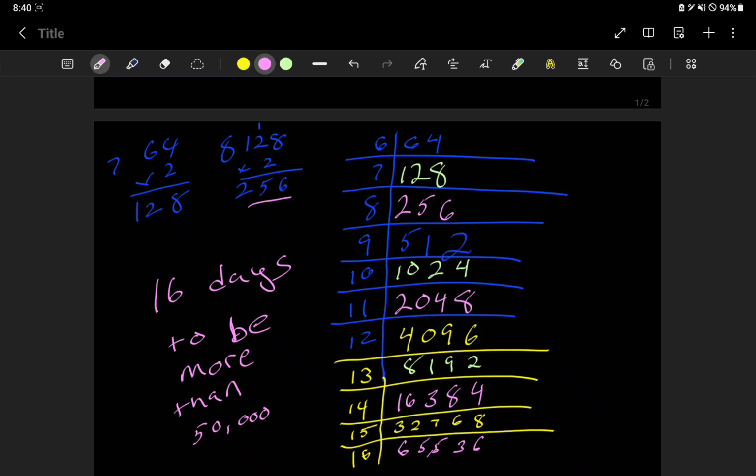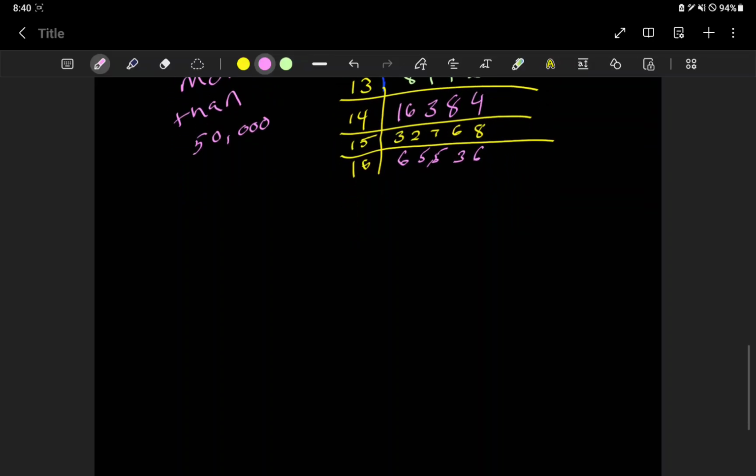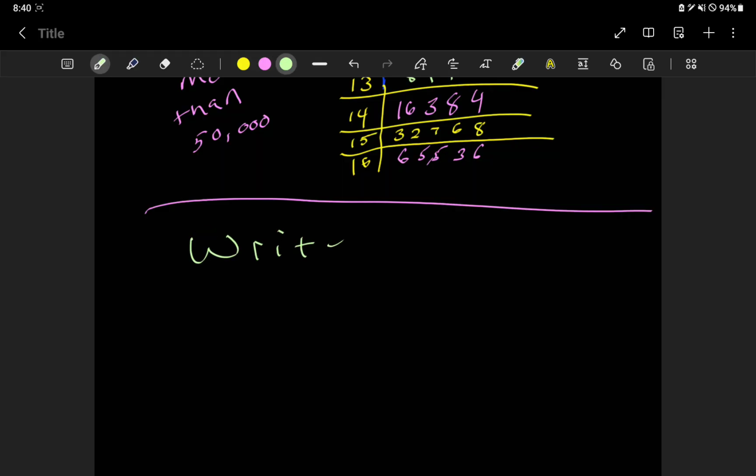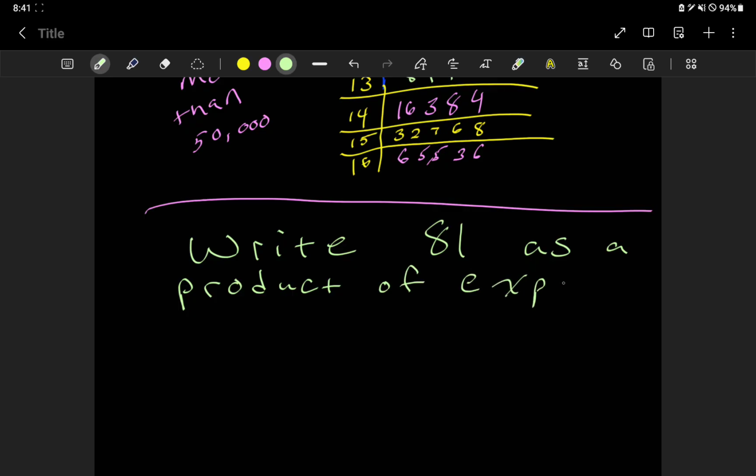Okay, and so it's just multiplication. All right, so if I say write 81 as a product of exponents.